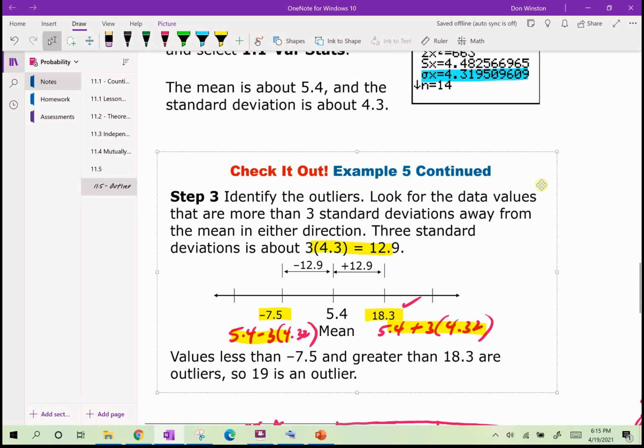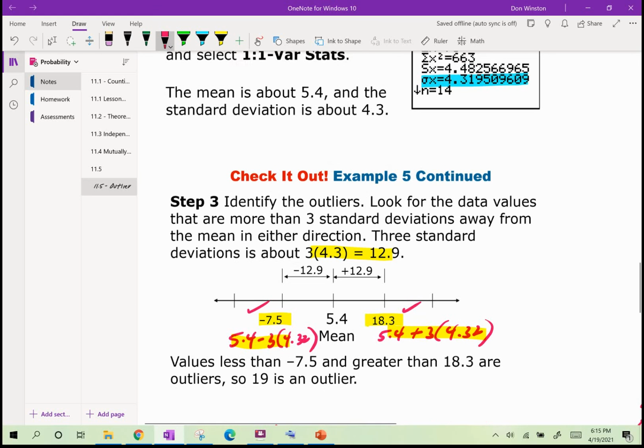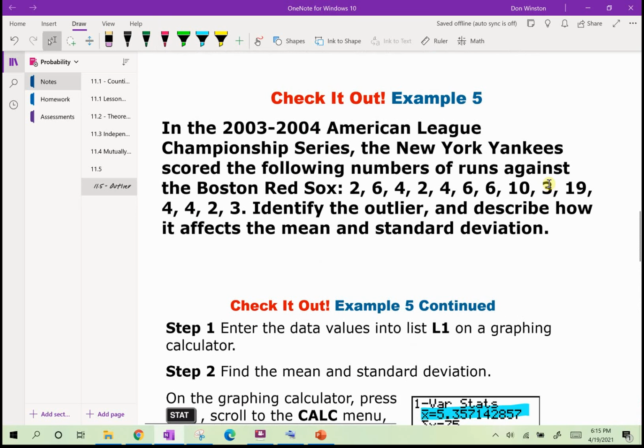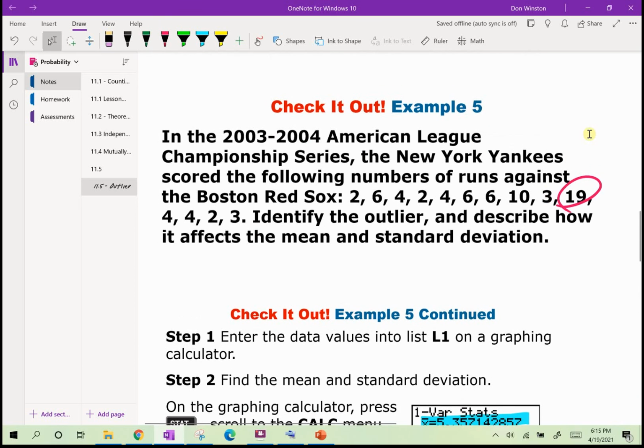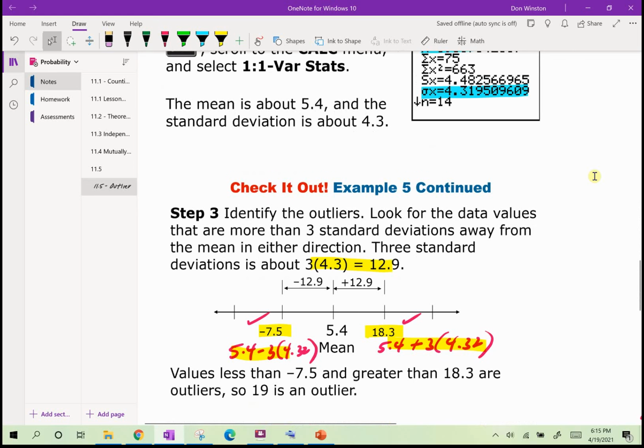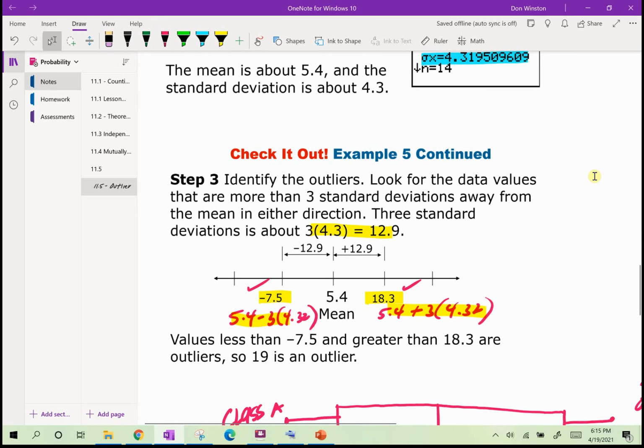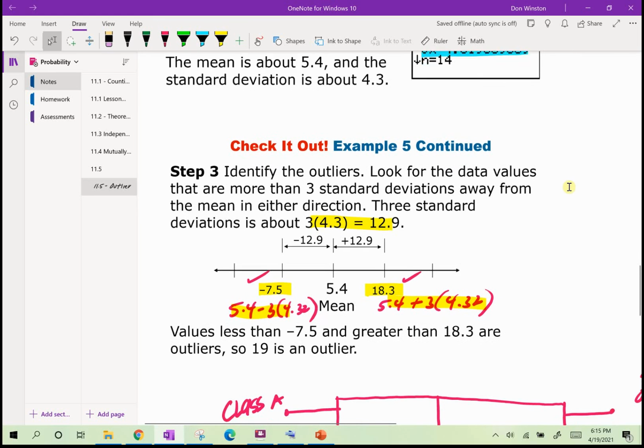And then 5.4, our mean, minus 3 times the standard deviation, 4.32, would give you negative 7.5. So let's see here. If we go back up, 19 was an outlier. It was more than 3 standard deviations away. 19 was greater than 18.3.